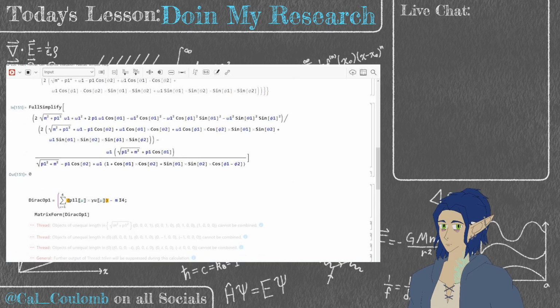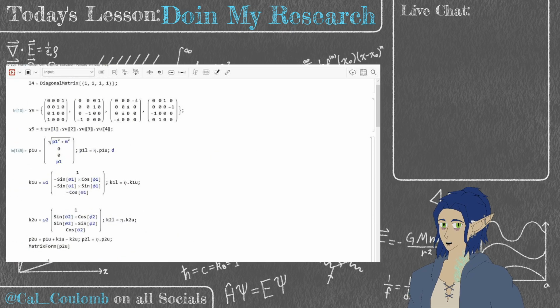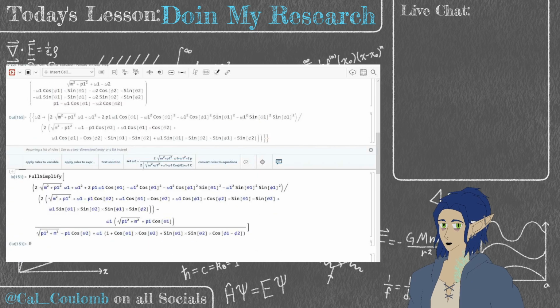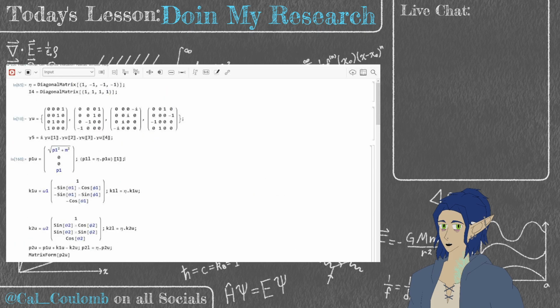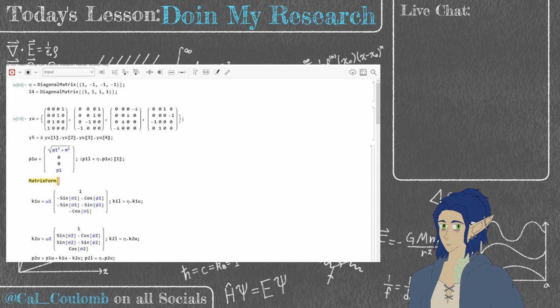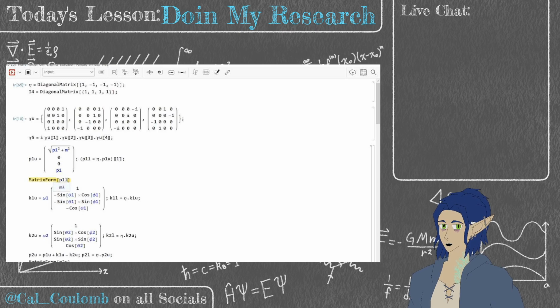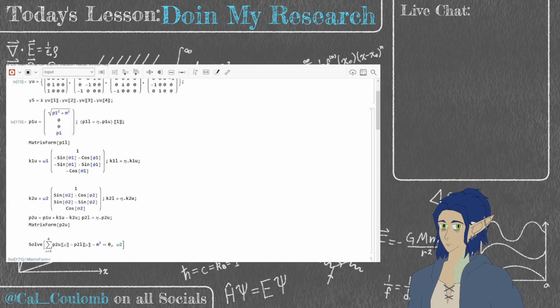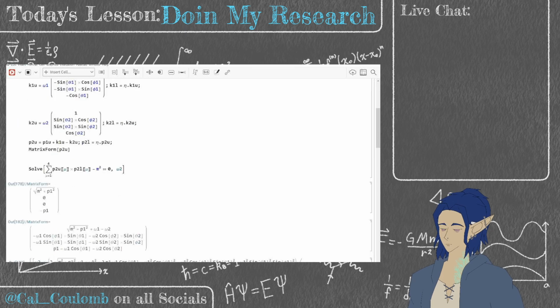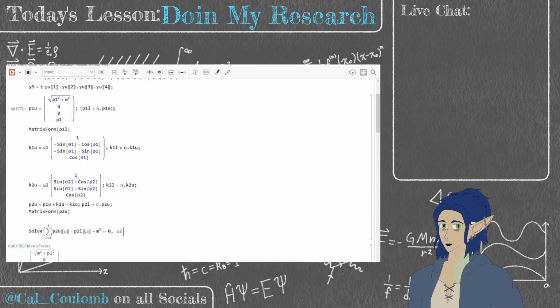Does it think that the P1L has more indices than it actually does? Oh, let me try this. Maybe that'll fix it. Or if I do a matrix form P1L. Okay, so that's the right number of indices, but it's also getting it right if I don't do that.